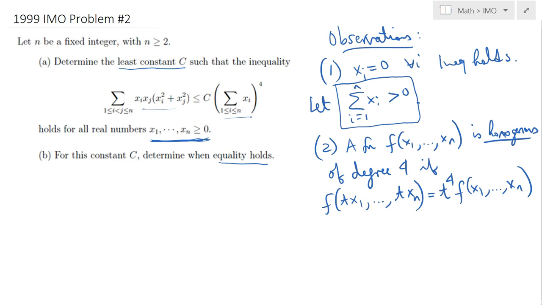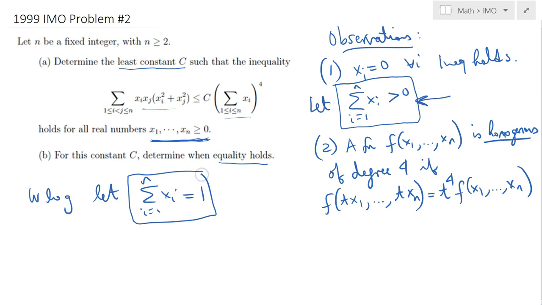So what it means is that I can refine this thing from the first part, and I can simply assume, without loss of generality, that the sum of all the xi's is restricted to be equal to 1. So in a sense, I'm scaling it.